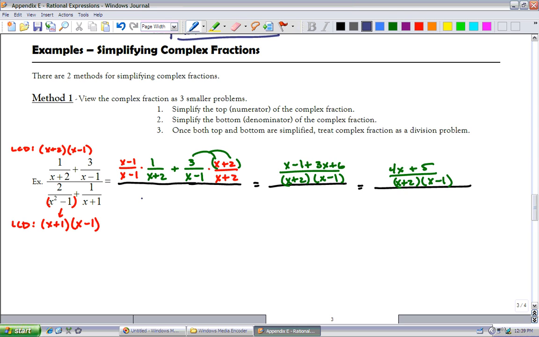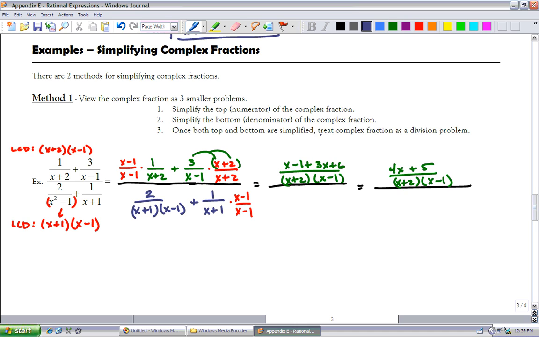And the first fraction in the denominator, 2 over x squared minus 1, really doesn't need anything for its common denominator. So we can just put this as x plus 1, x minus 1. Plus my 1 over x plus 1. The x plus 1's a little lonely there. It needs an x minus 1 with it. So we got to multiply by x minus 1 over x minus 1.